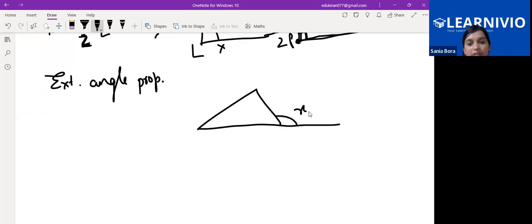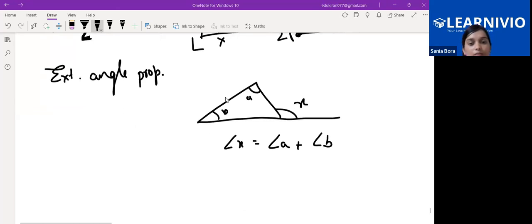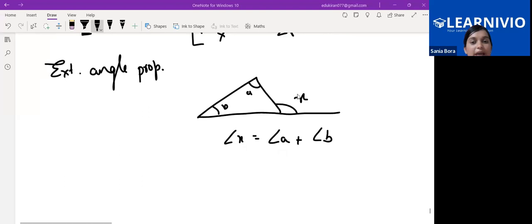The exterior angle will be equal to the sum of the opposite interior angles. So angle X would be equal to angle A plus angle B. This is called the exterior angle property. Fine. Hepzibah, Rida, is it clear? Any angle which is outside is equal to the sum of the opposite inside angles.